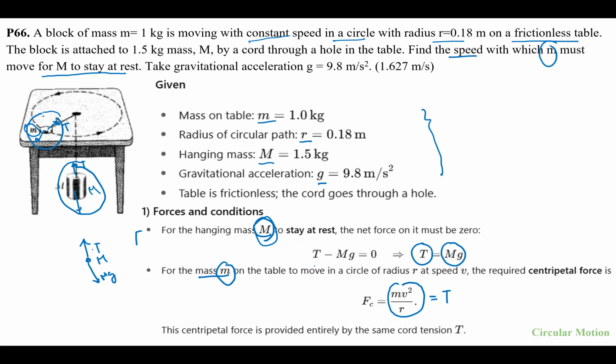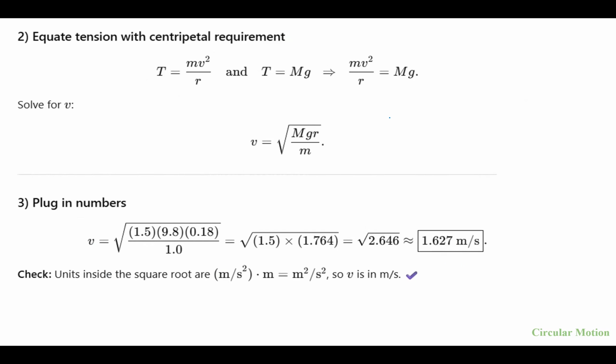And then from this, we can equilibrate this one. And then we get these equations. And after that, only after that, it's going to be very easy. So once we get to this point, v is given by this one. Capital M, small m, g, and R are already given, so you can find out this one.